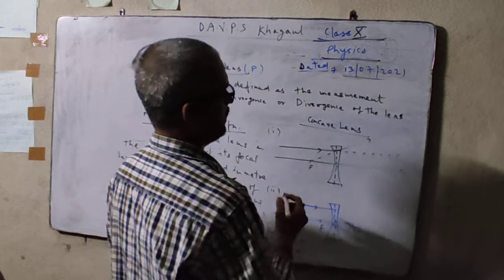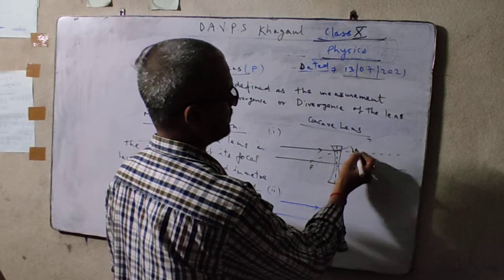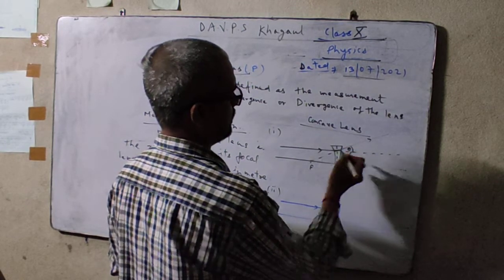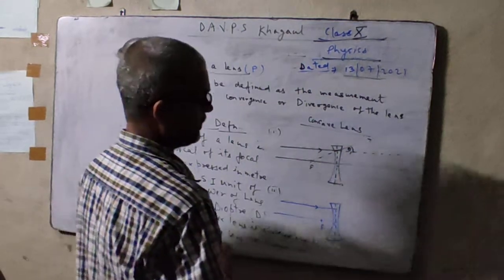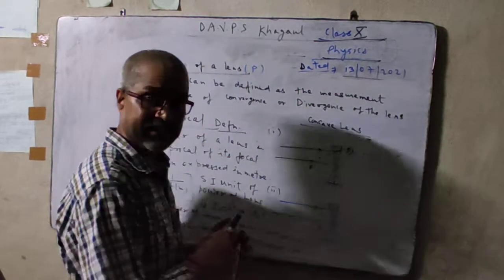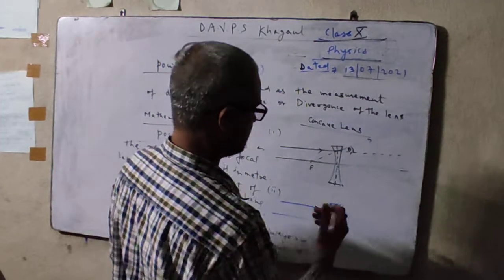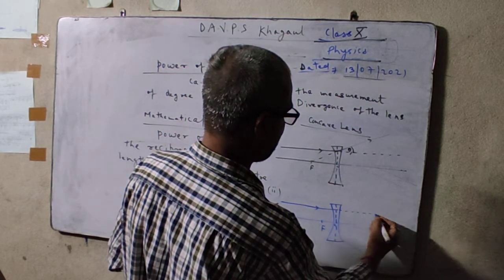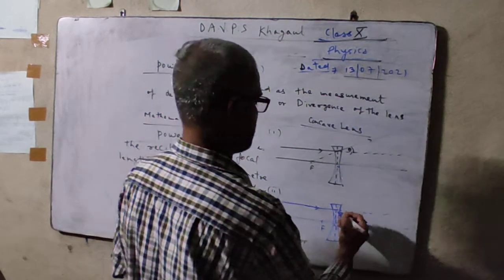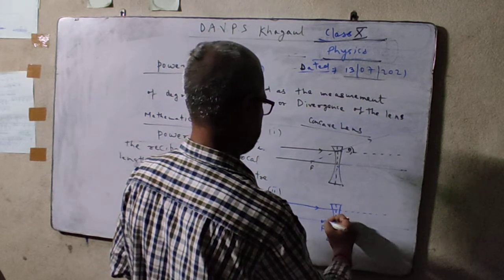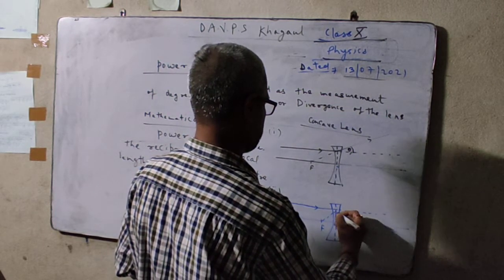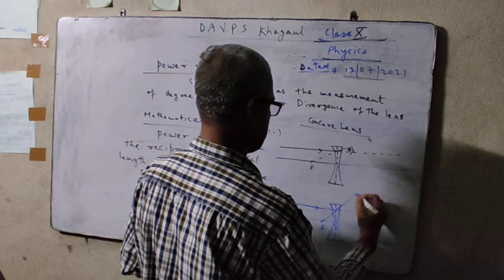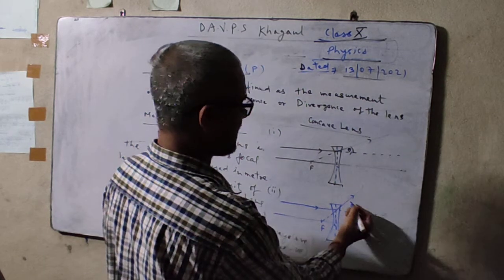It diverges through this angle, theta 1. Now when we talk about the second case, how does it diverge? You can see the angle.